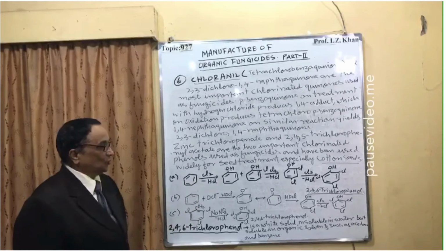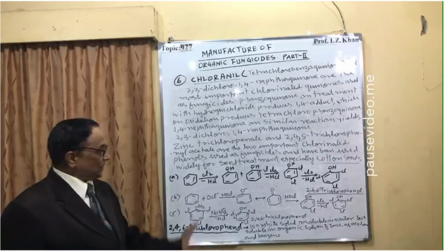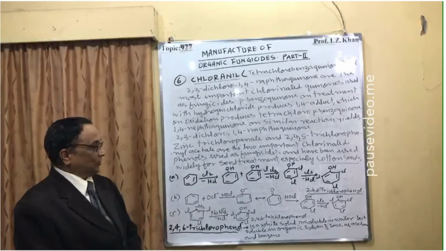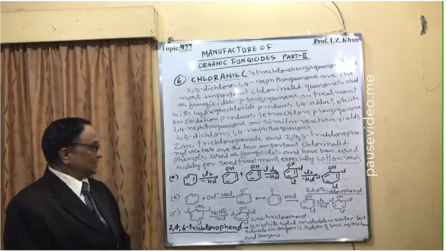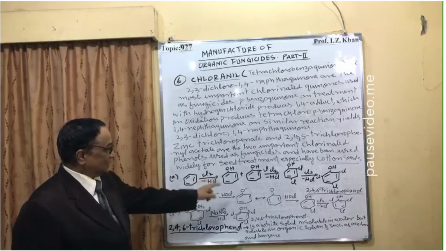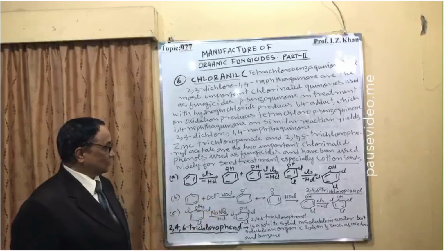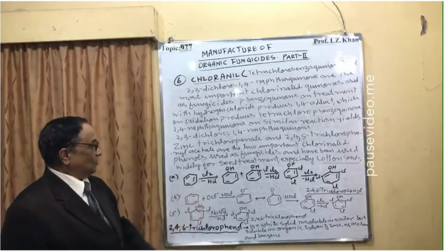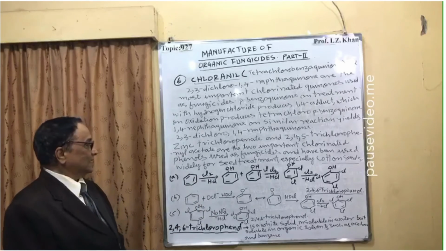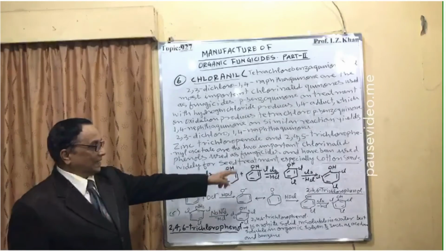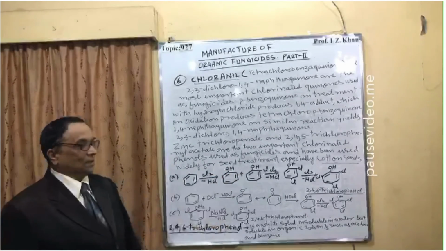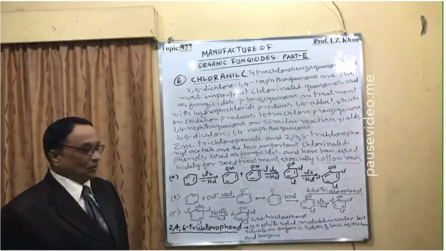And I am giving the manufacture of 2,4,6-trichlorophenol, this chloro derivative of phenol, which is widely used as a fungicide. So here the reaction is given: when benzene is chlorinated, it will become phenol and chlorophenol, then again it is chlorinated, and finally you will get 2,4,6-trichlorophenol.